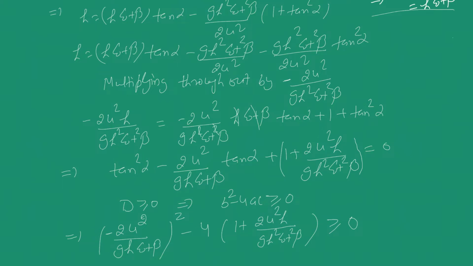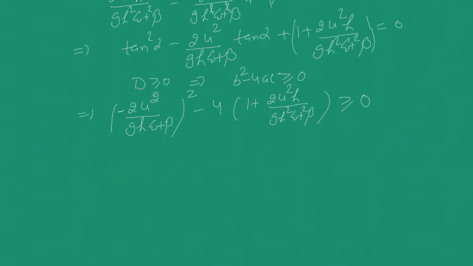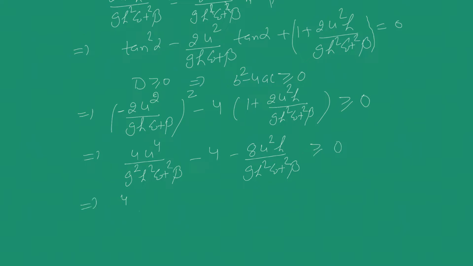So this further implies that 4 u to the power 4 by g square h square cot square beta minus 4 minus 8 u square h by g h square cot square beta should be greater than or equal to 0. This implies that 4 is out.